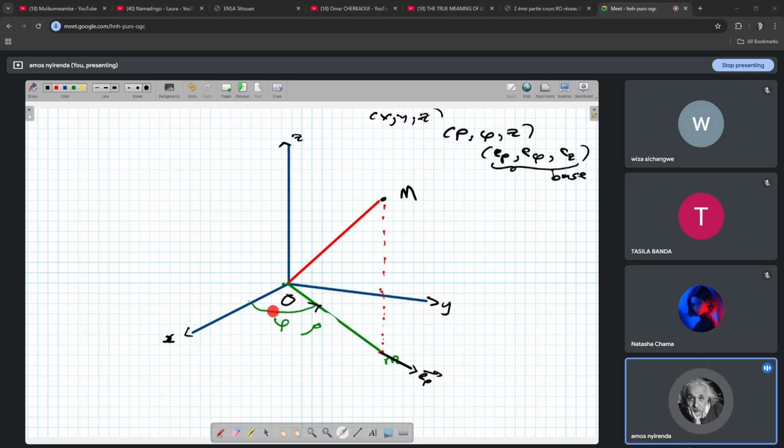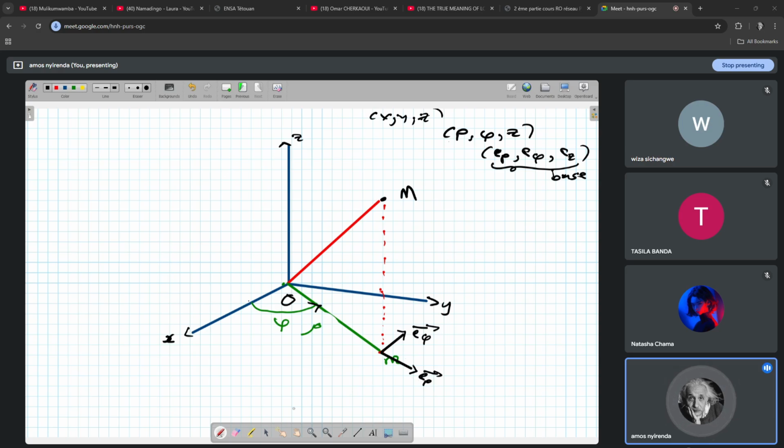It goes from 0 until we go around and arrive at 2 pi radians, or 360 degrees, as we all know, right? So the unit vector that is in the direction in which this phi is increasing is known as e phi. This is where e phi is.